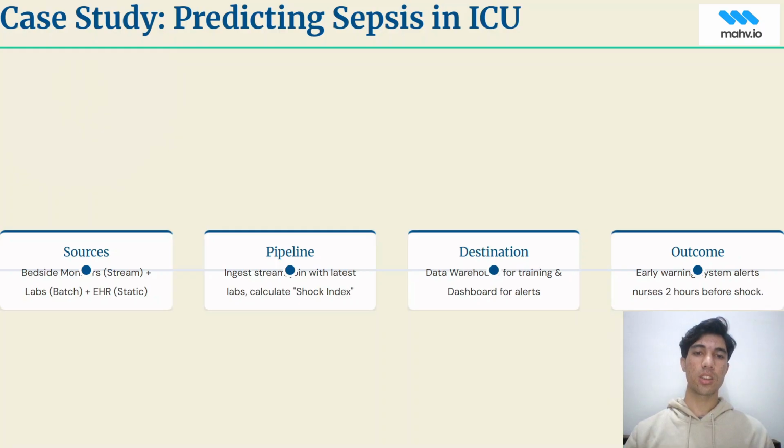Then the destination is a data warehouse for training and a dashboard for alerts. We send those calculations to the data warehouse for training and dashboards for alerts. And the outcome is early warning system alerts, so that the nurses could be warned 2 or 3 hours before the shock can actually happen.